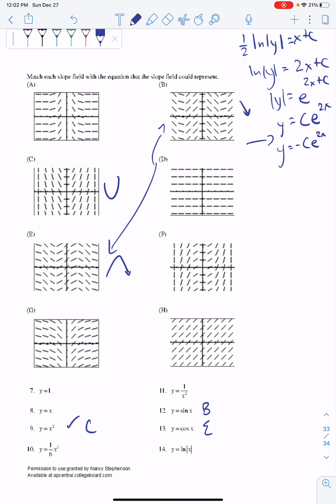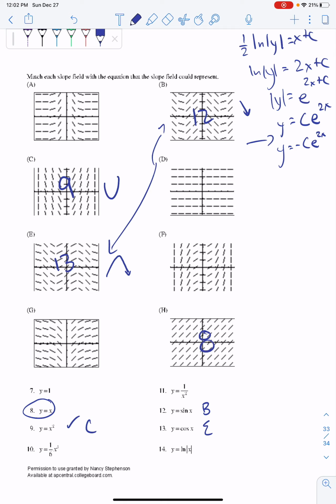So what do we have? We said this is 13, this is 12, we think this one is 9. Look at H. H is just a straight line. Y equals x, the slope is always 1. And then you have some others that get a little bit funky.